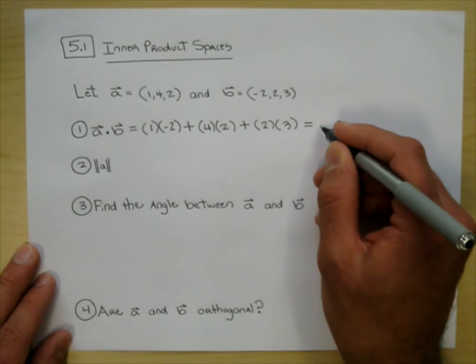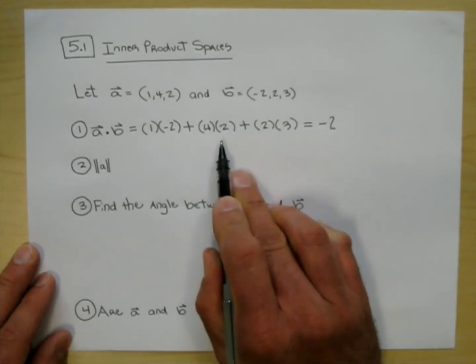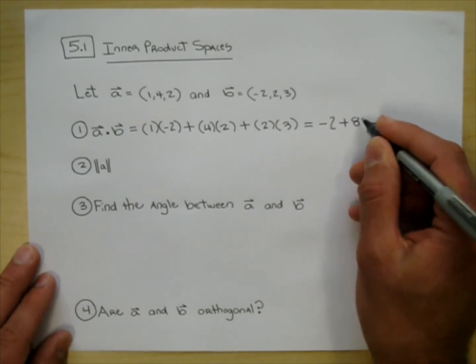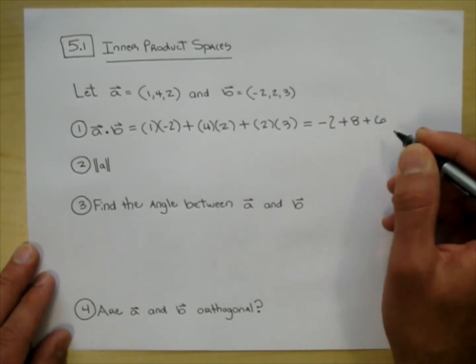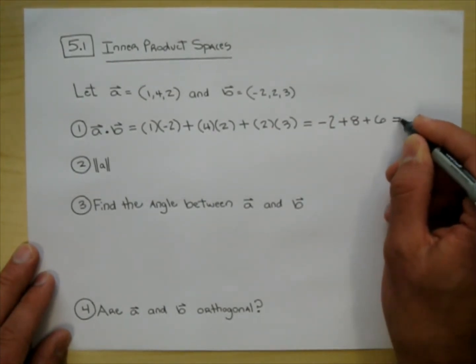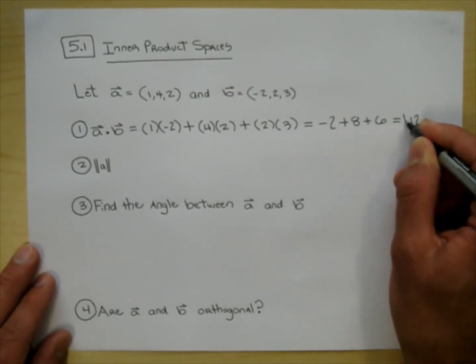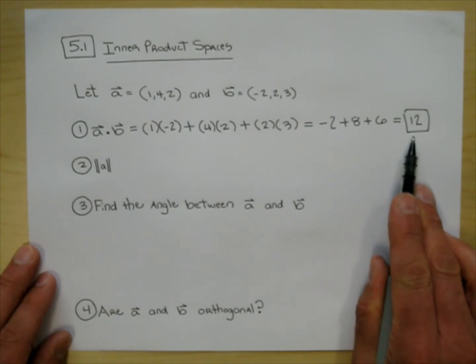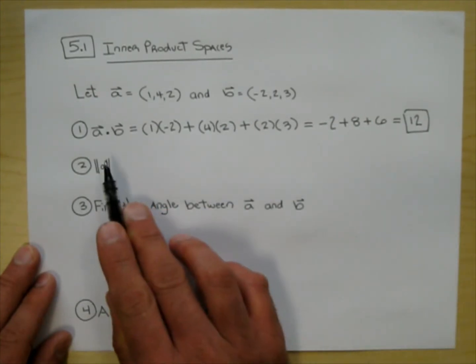So this gives me -2 plus 8 plus 6. You add that up, you end up getting 12. So 12 is the dot product of A and B.